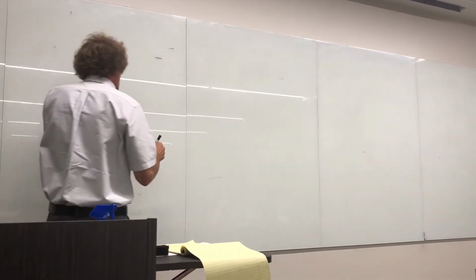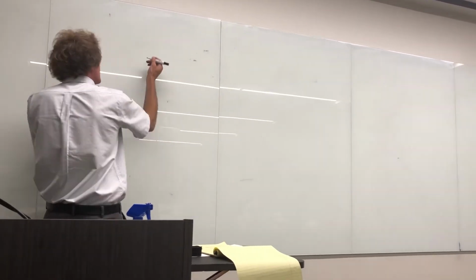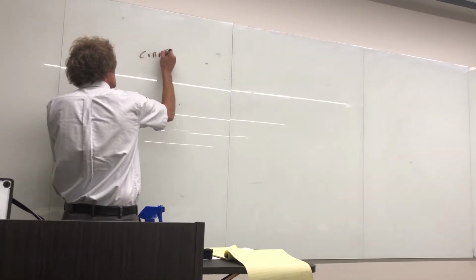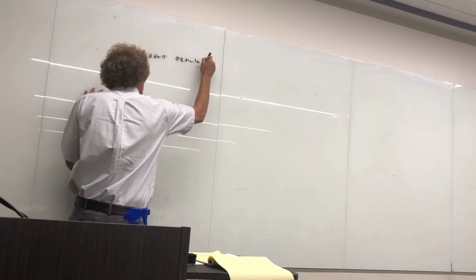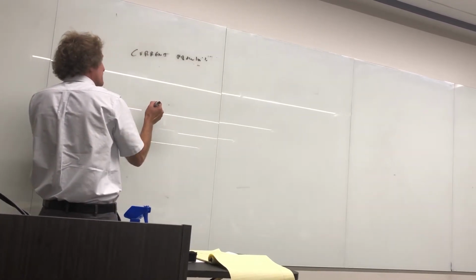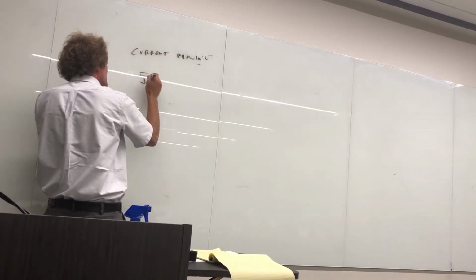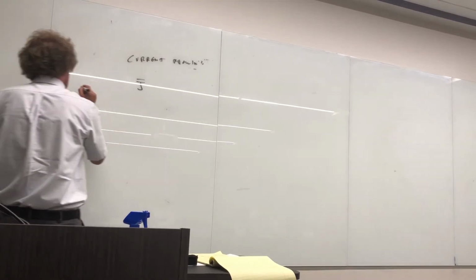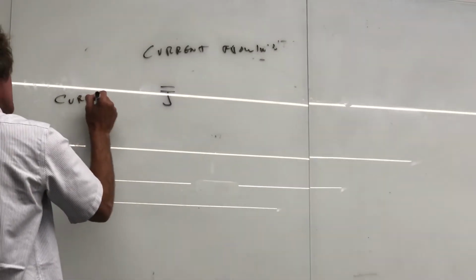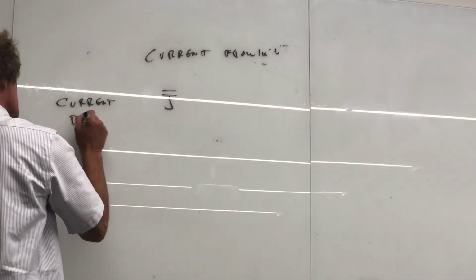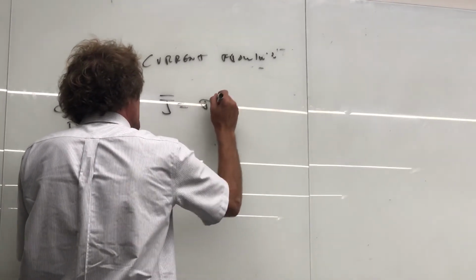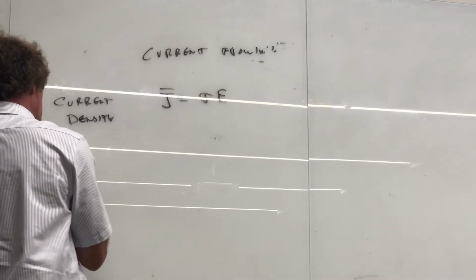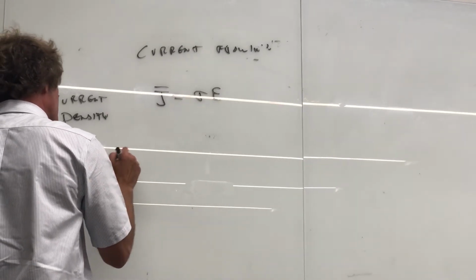Anyway, now we're going to talk about something. This is going to be current flowing. And we designate something called J. J is the current density, and that is equal to sigma E, and sigma is the conductivity.